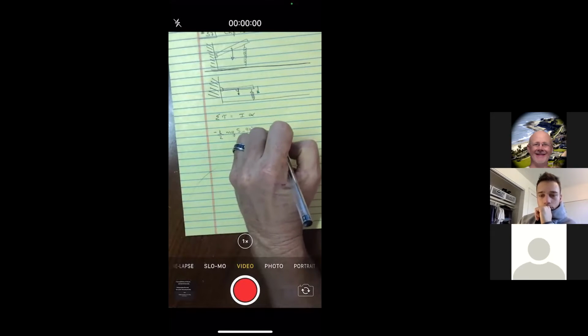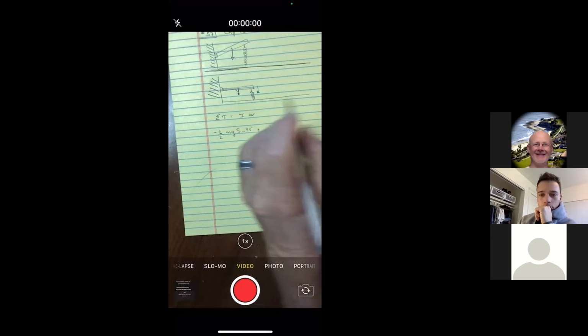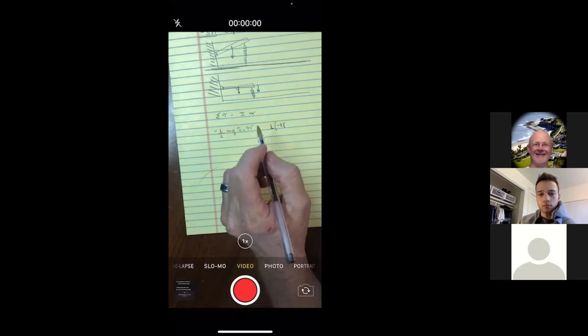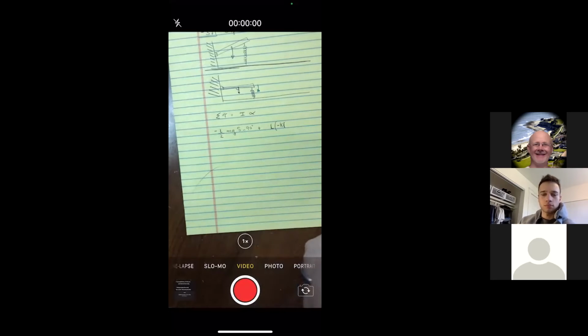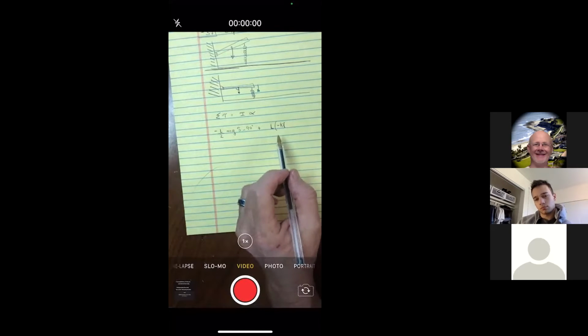So this would be negative K. And here's where I think you were asking about the X. Let me say that the X is always labeled from the natural length of the spring.